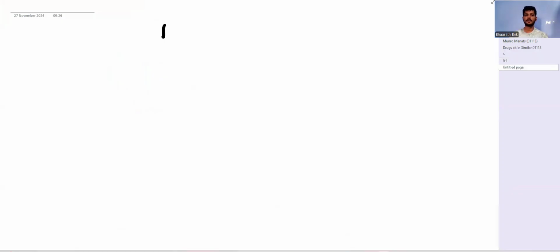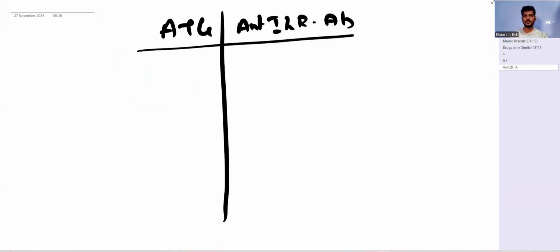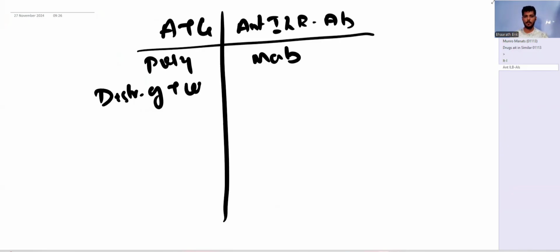Now, if you compare this with ATG and anti-interleukin 2 receptor antibody: ATG is a polyclonal antibody, and this is a monoclonal antibody. ATG causes destruction of T cells. The anti-interleukin antibody will not cause destruction, it just inhibits proliferation.